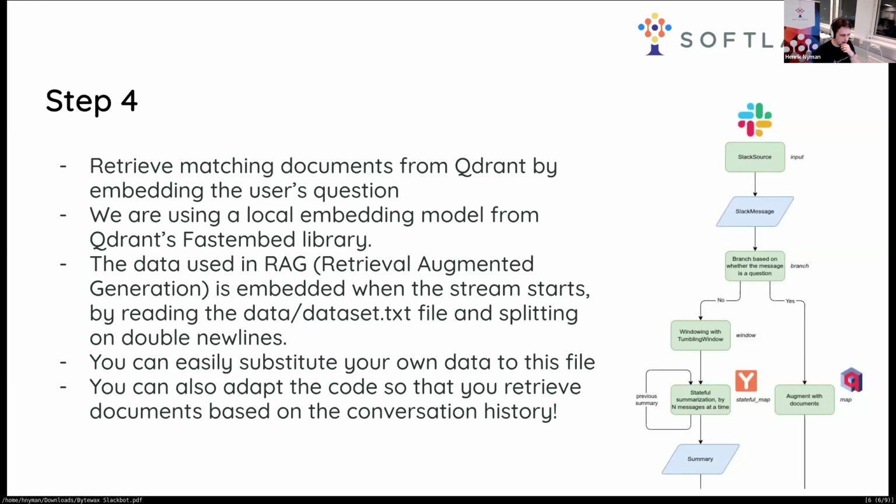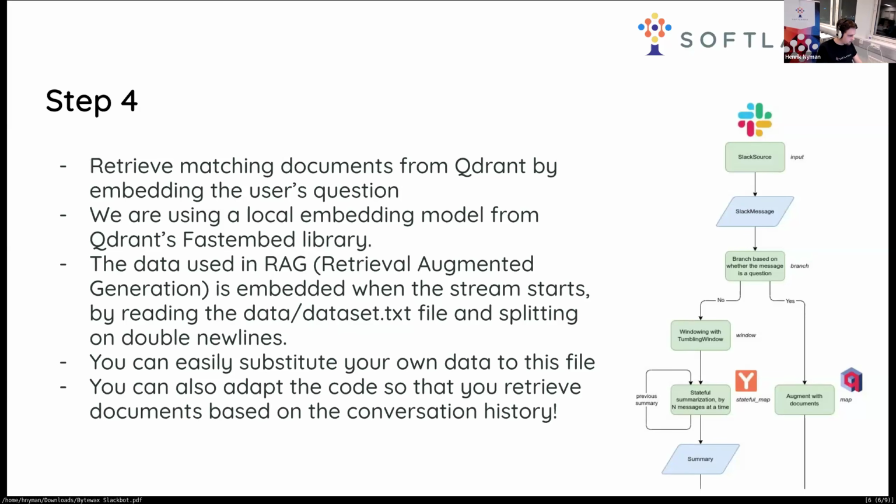If you want, you can have your own Qdrant Docker container running. It's rather simple to do, but we are not focusing on that in this session. So with the RAG, this is now going to be the retrieval part. We are getting the relevant documents from the dataset.